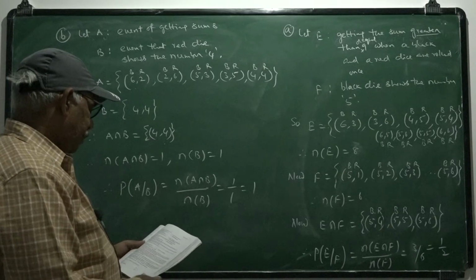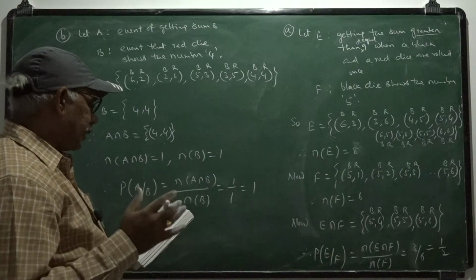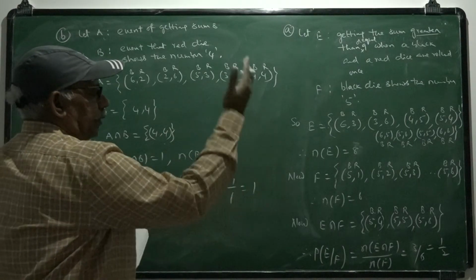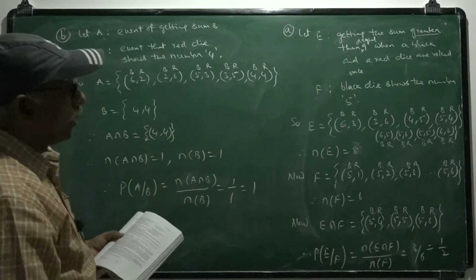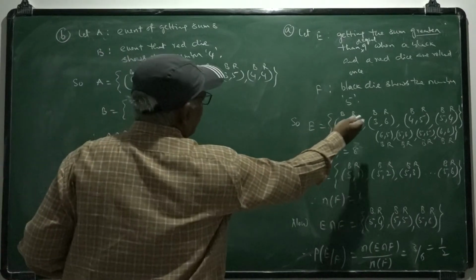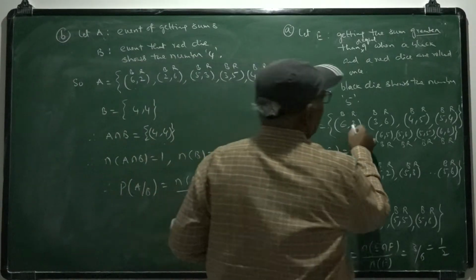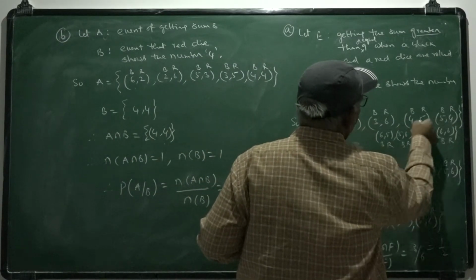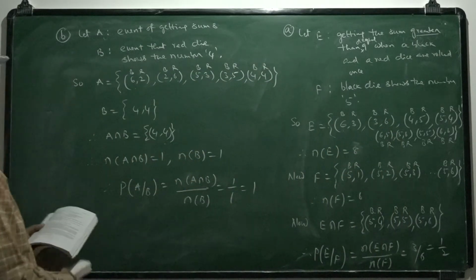In the first bit, find the conditional probability of obtaining the sum greater than or equal to 9. Then the required conditional probability is 3 by 6, that is 1 by 2. Otherwise, the possible outcomes change here. Once you take only greater, these are not included.